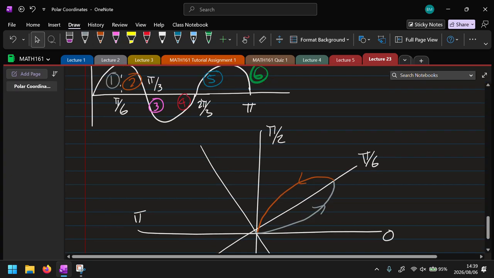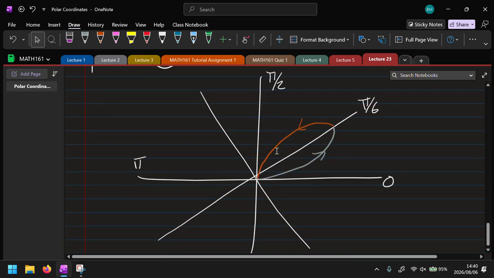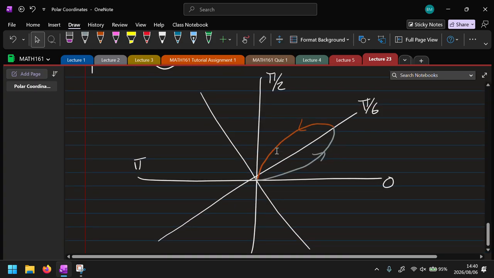Okay, now number 3, we see it's negative from pi over 3. It's negative. So we should be drawing it in this bit over here, right? From the pi over 3 bit. It should be somewhere over here, 60 degrees. But it's negative, so we flip over and we draw it in the bottom bit there.